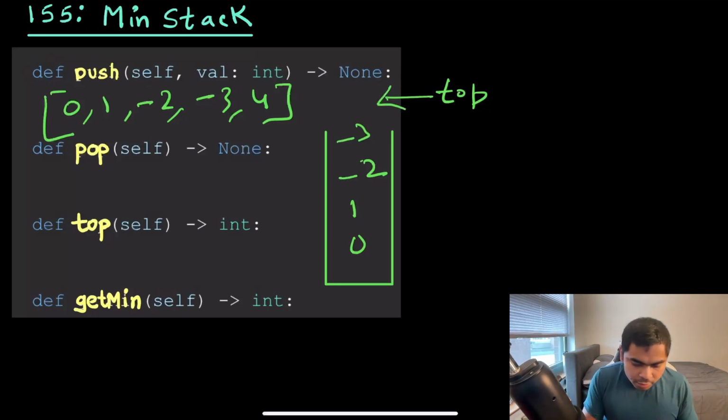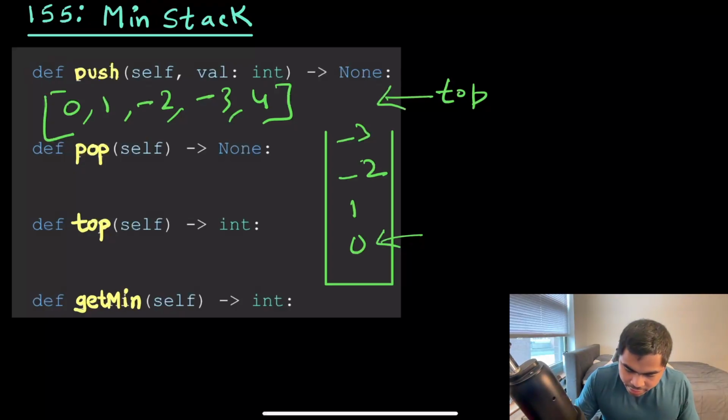So in order to do that, what we're going to do is, instead of just saving the value, we will start saving the minimum value at that particular step into our stack.